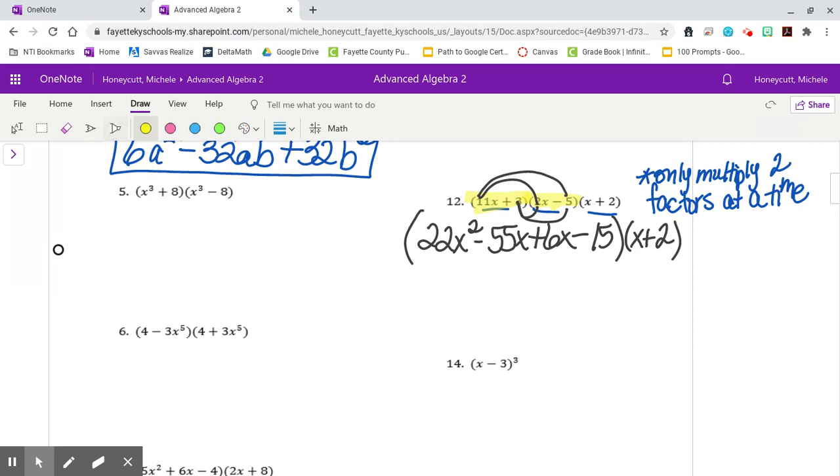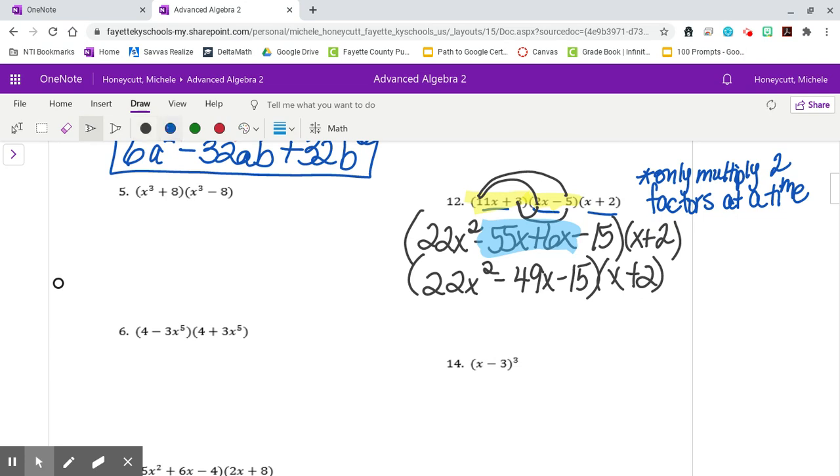So I noticed that I have a negative 55x and a positive 6x. And those will combine to be, let's see, negative 55 plus 6 is negative 49. Yeah, minus 49x minus 15. I'm going to take that and I'm going to multiply it by x plus 2.